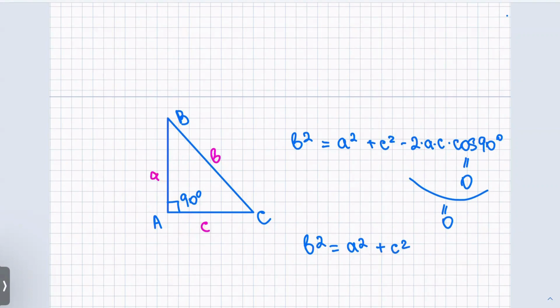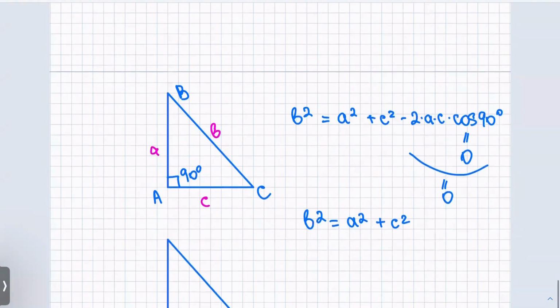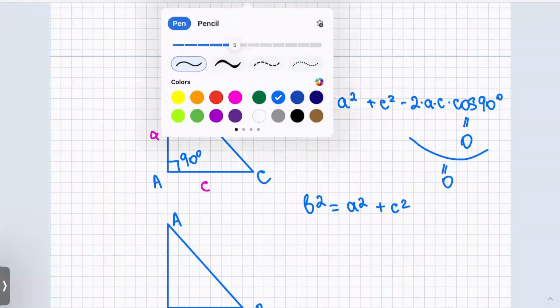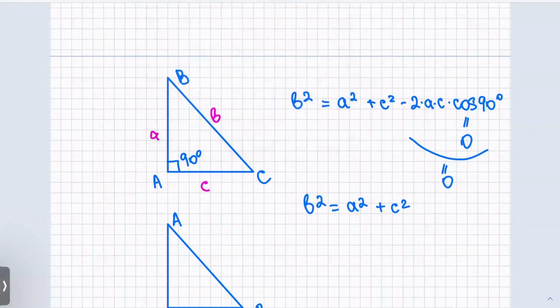And similarly, dear students, if you have a right triangle now, with, for instance, A, B, and C, and now I will denote the sides as c, b, and a.